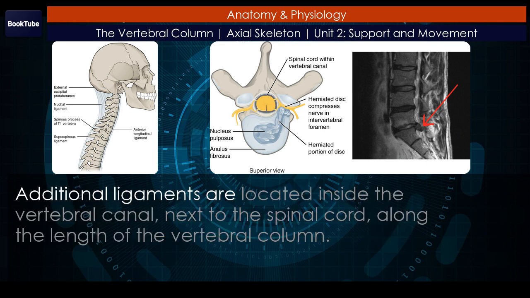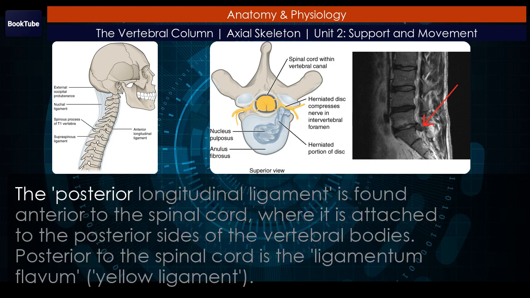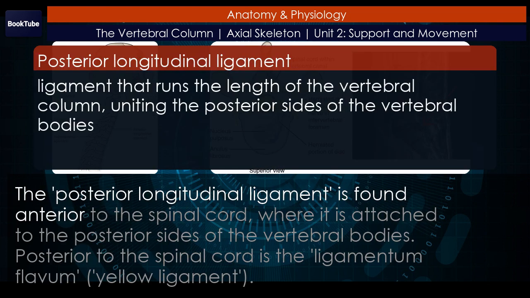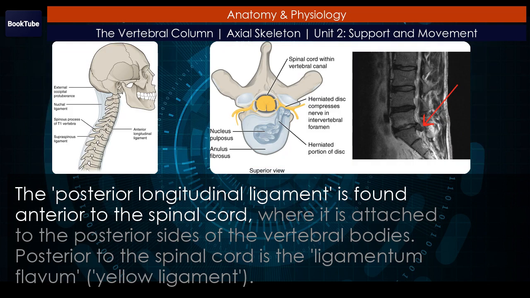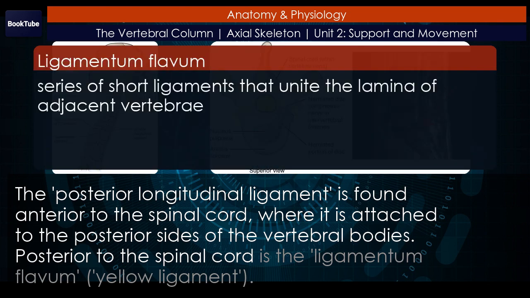Additional ligaments are located inside the vertebral canal, next to the spinal cord, along the length of the vertebral column. The posterior longitudinal ligament is found anterior to the spinal cord, where it is attached to the posterior sides of the vertebral bodies. Posterior to the spinal cord is the ligamentum flavum, yellow ligament.